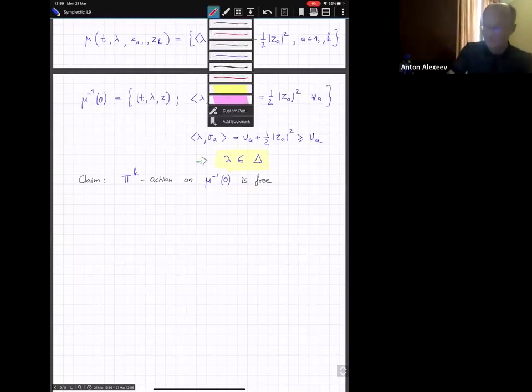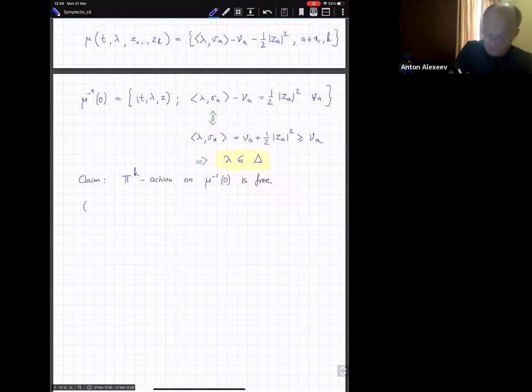So suppose we have a point T lambda Z inside the preimage, right? Of course, we know that this means lambda is in delta. Now, lambda is in some particular delta I. Or sorry, I never know, should I write subscript or superscript?